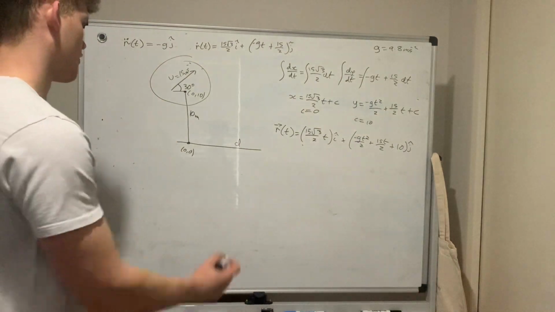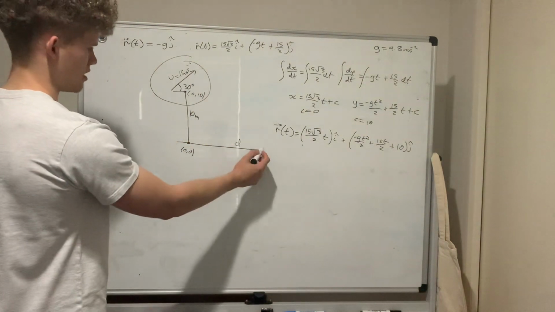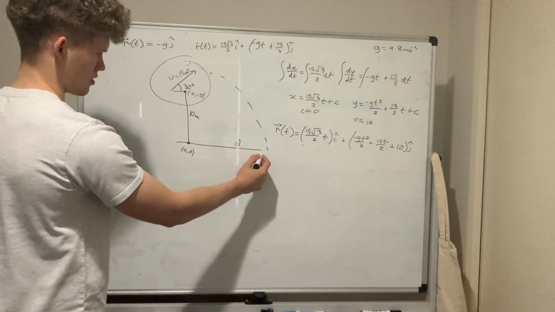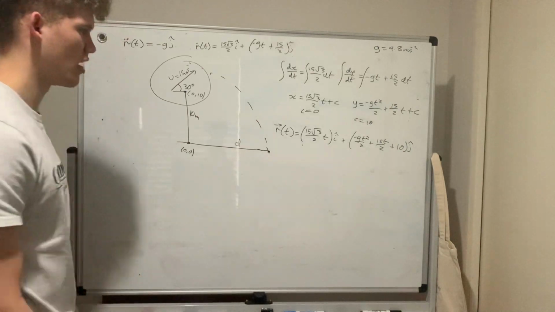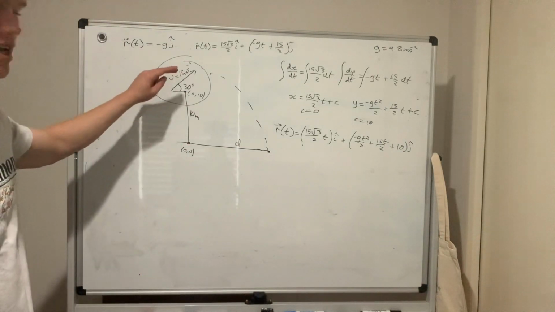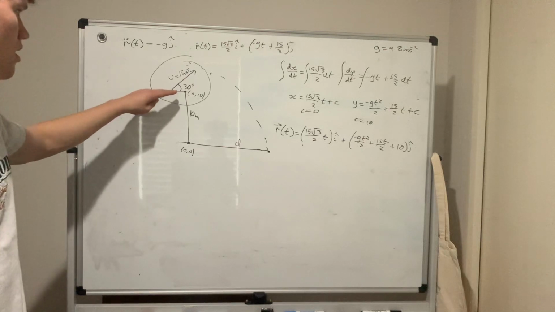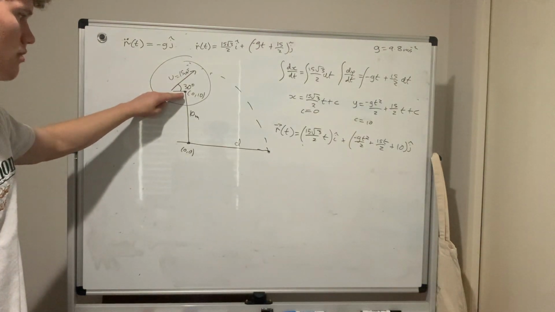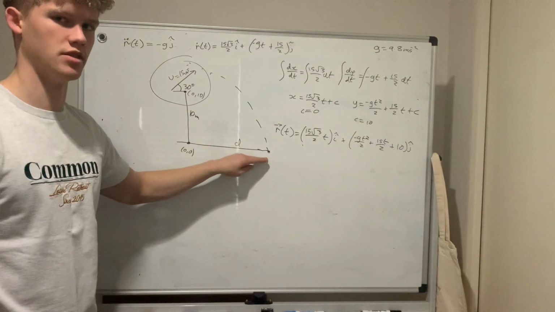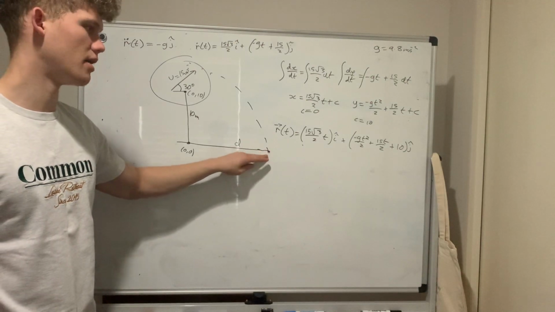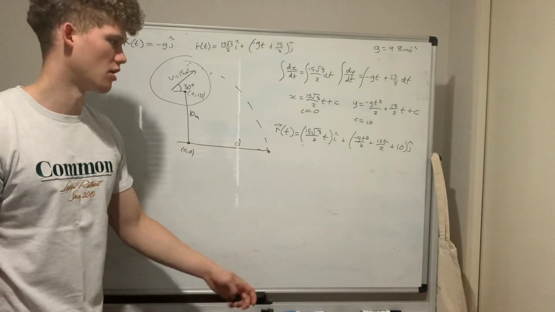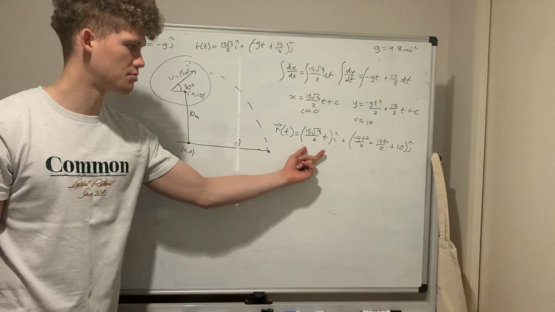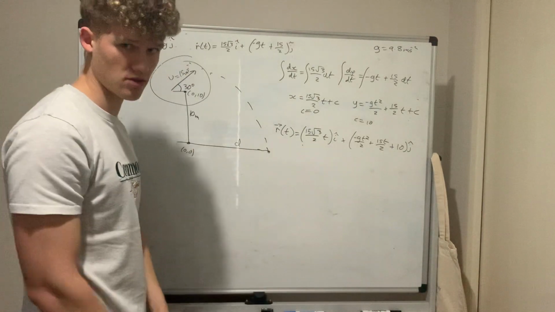Now, let's say we want to find the distance it went horizontally. The way we find that is, let's take a look at the vertical position. The vertical position here is 10. The vertical position here will be 0. So if we can find out what time that is, the time will be the same for both of them because both the x position and y position depend on time.